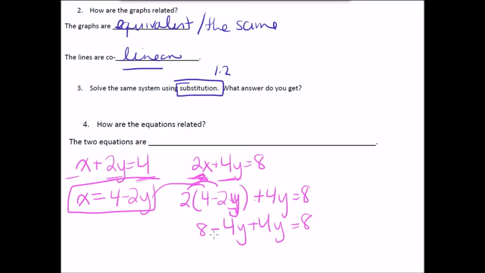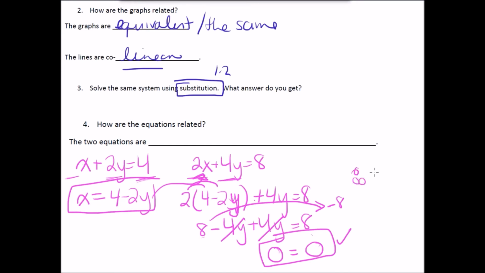Well, this negative 4y and this 4y cancel out to 0. And the 8 and the 8 are balanced, but if we bring that over and it becomes negative 8, we have 0 equals 0. Well, of course 0 equals 0. It's always going to equal 0. But when we have a situation like this, we know that there are infinite solutions.